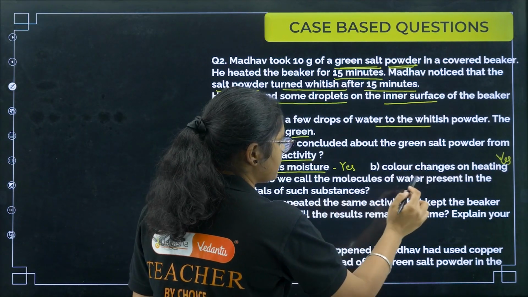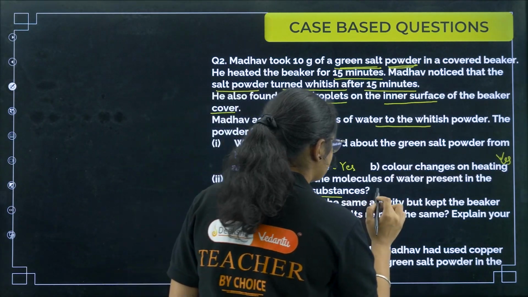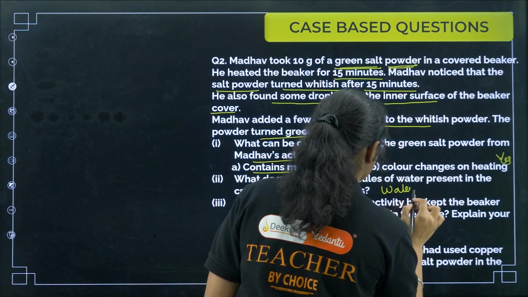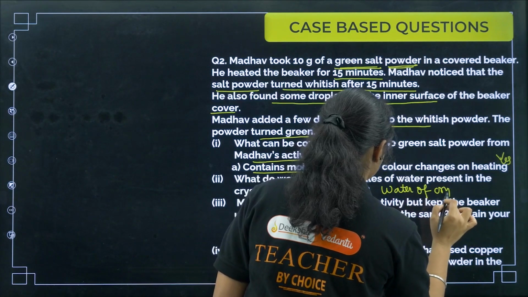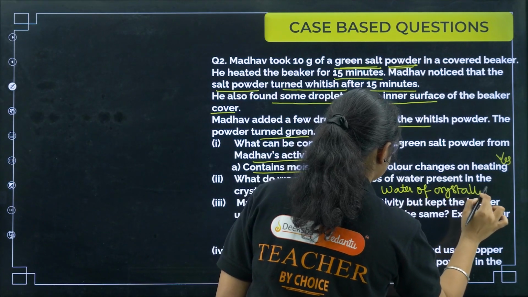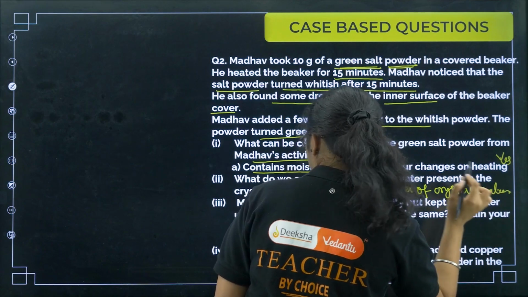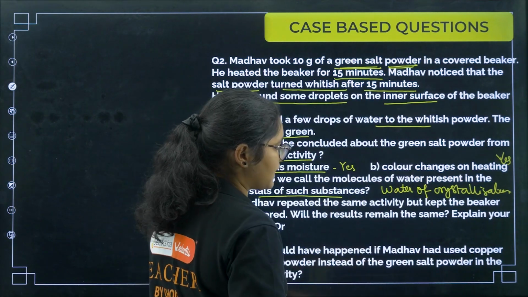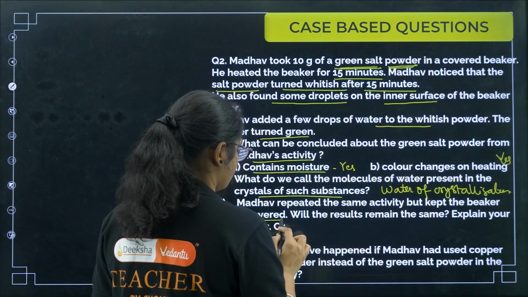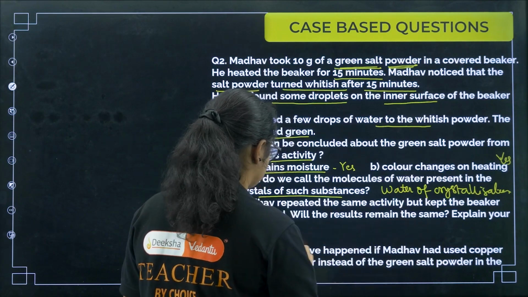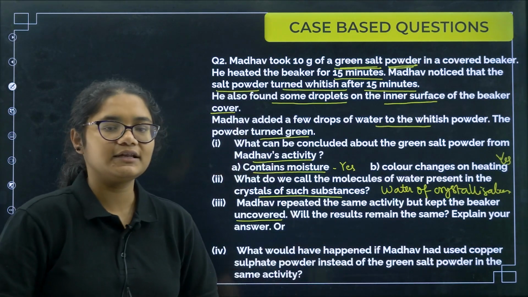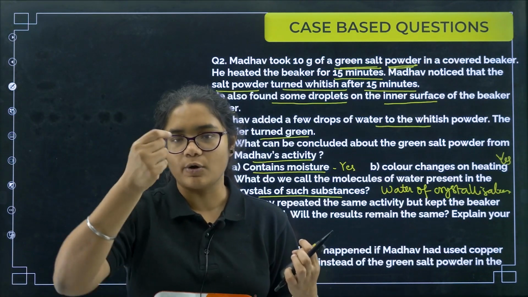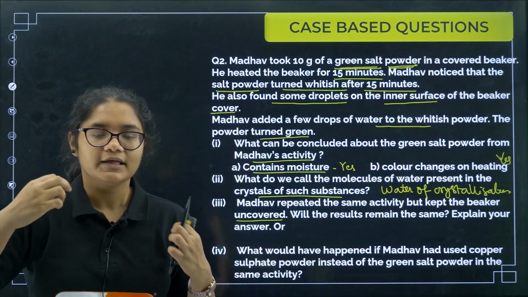What do we call the molecules of water present in the crystals? That is your water of crystallization. Next, Madhav repeated the same activity but kept the beaker uncovered. Will the result remain the same? Explain your answer. If the beaker is uncovered, the droplets of water that were found will evaporate.